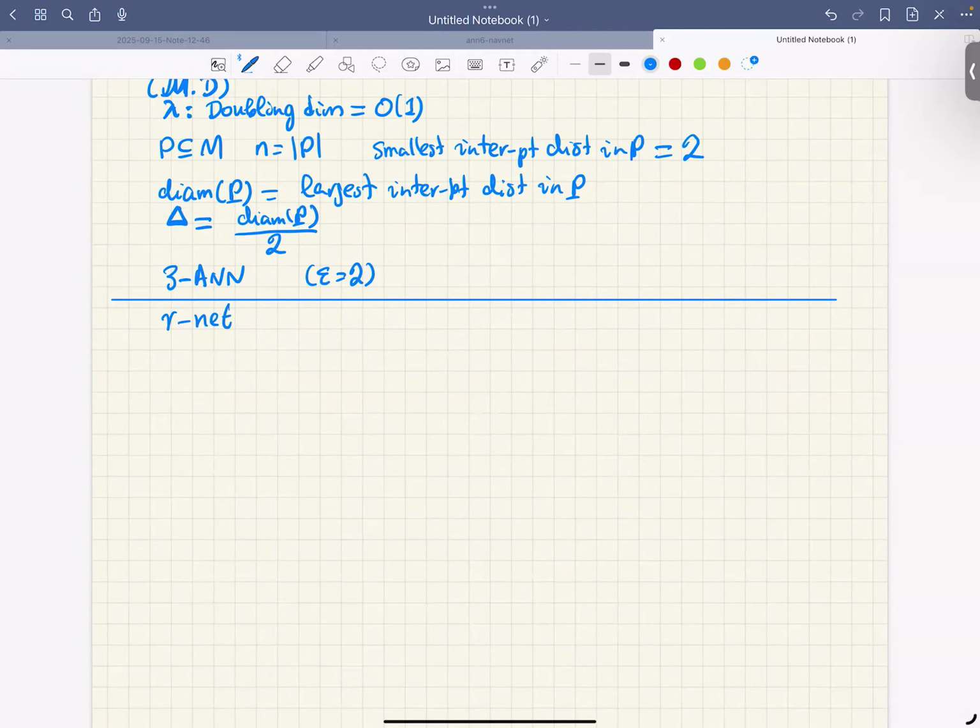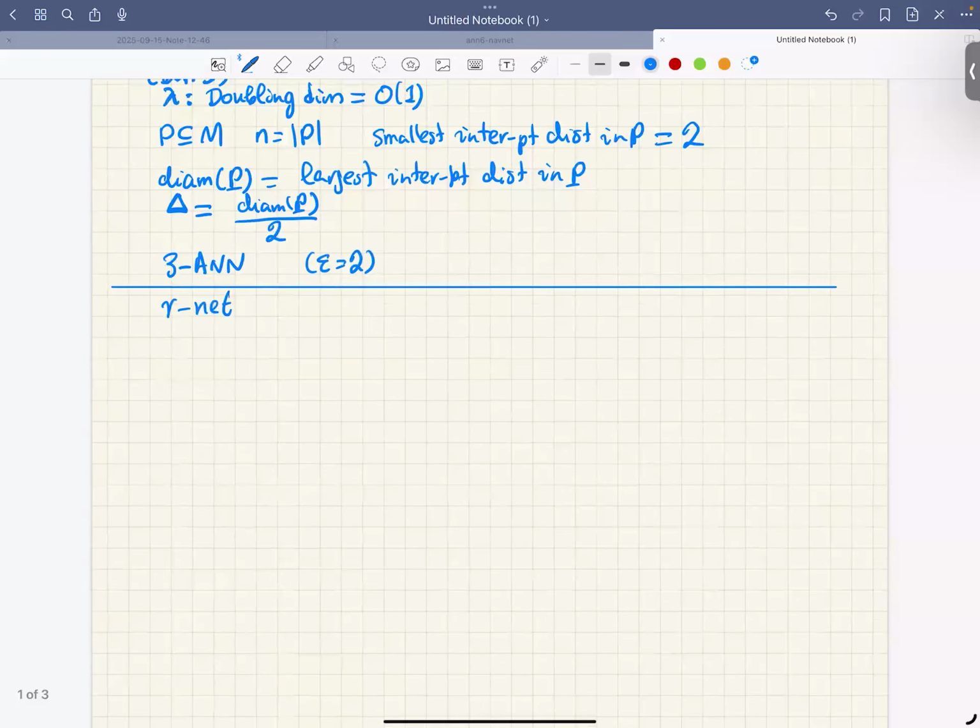All right, so we've got this r-net. Still remember what that is, right? Let me give you an example. Let's say this is your data set, and let's say this is the distance R. Then the r-net says you don't really need to remember all the points if you want a good summary of the distribution of the data set.